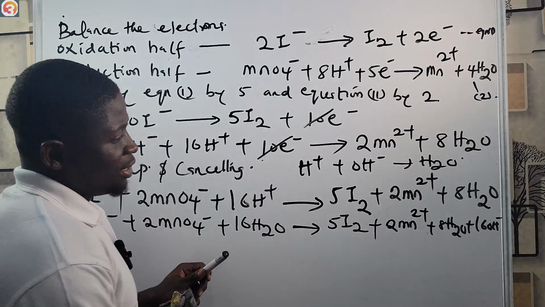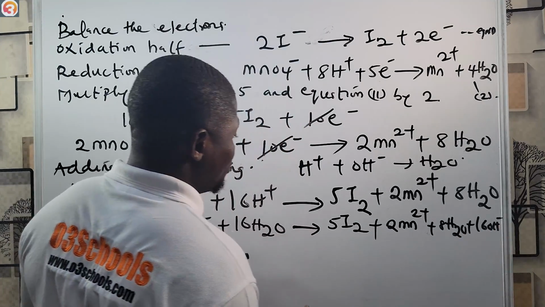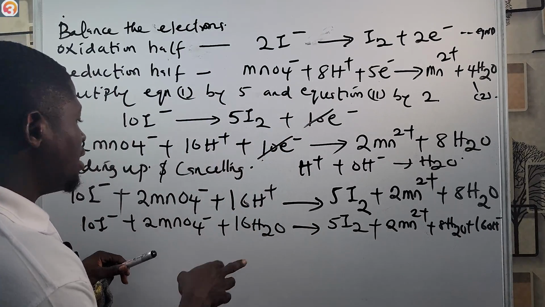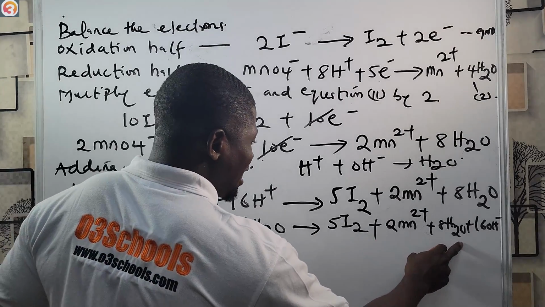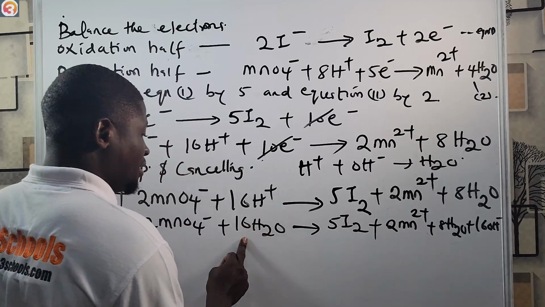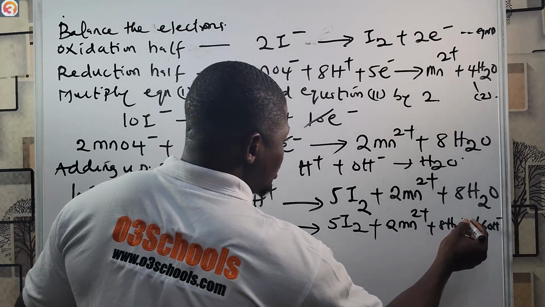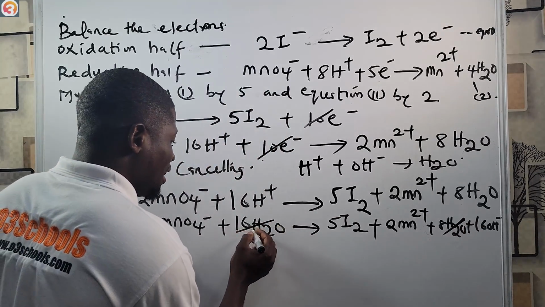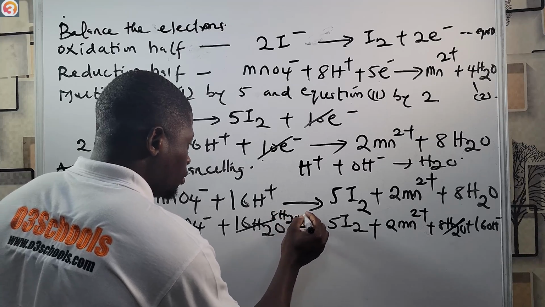Now this looks like 16 H plus and 16 OH minus. So now we cancel out. We have 8 water molecules here and 16 water molecules here. If we cancel, there will remain 8H2O.